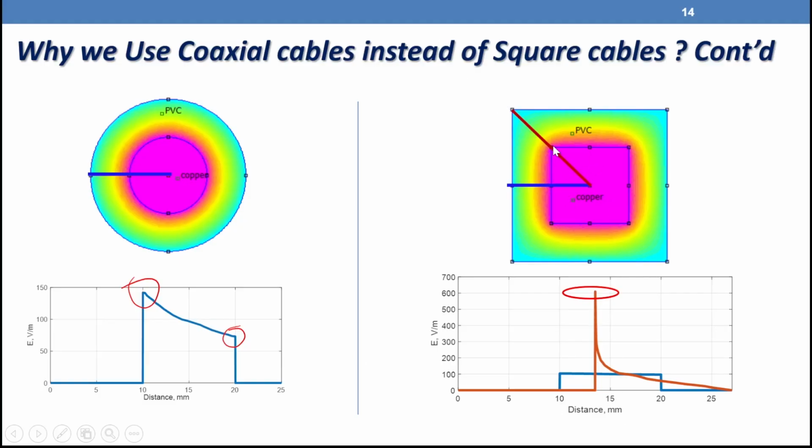At this point exactly, we have an abrupt change in the electric field, increasing up to 600 volt per meter. And that one is a high stress for the cable insulator. So this is why we prefer the radial distribution for the electric field, rather than a square cable, which makes more stress at these sharp corners.